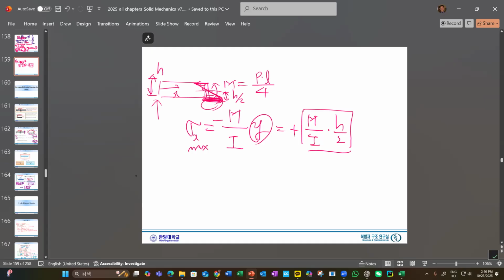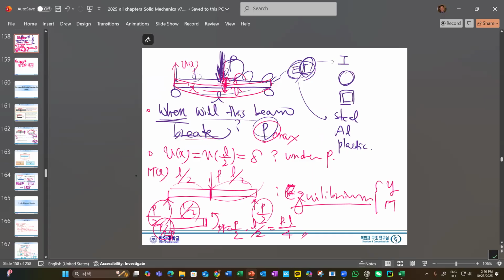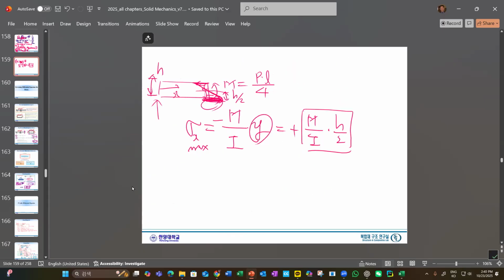Now back to our simple engineering prediction. The beam will break under P, and more precisely, this maximum stress is the stress that will be reached when this beam breaks.